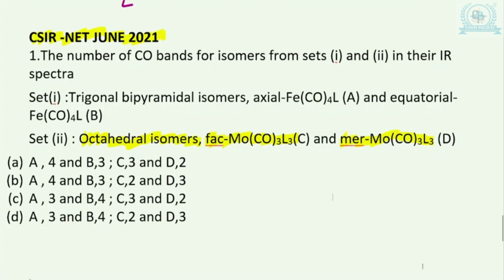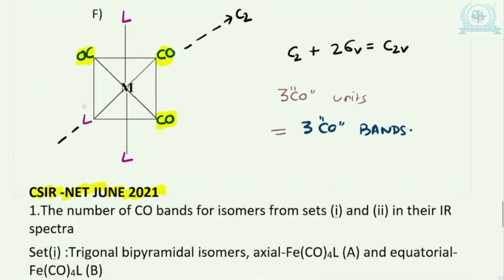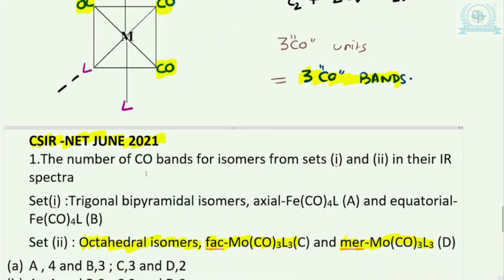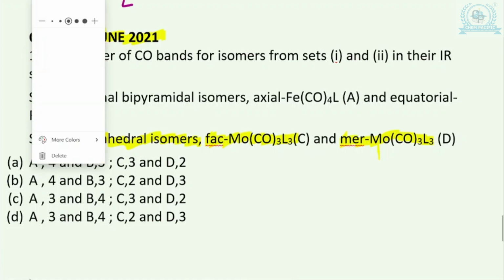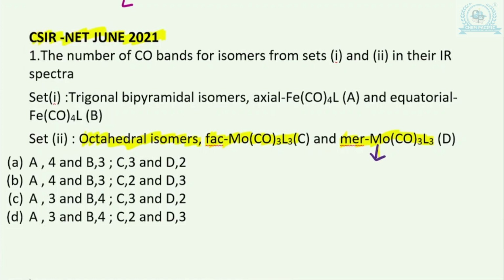So meridional मैंने अभी किया, there are 3 CO bands, right. So meridional में हमने अभी explain कर दिया है. So there are 3 CO bands because it consists of the point group C2v. So this results in the C2v point group, and in the case of CO there are जितने number of CO units होता है उतना ही band होता है.